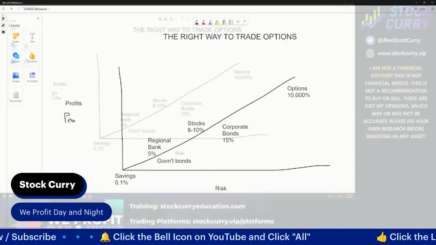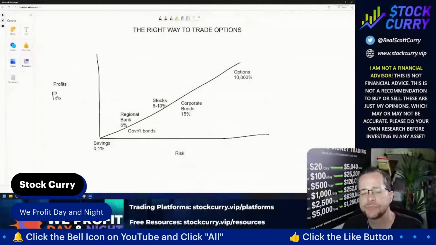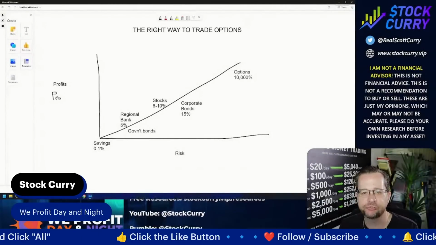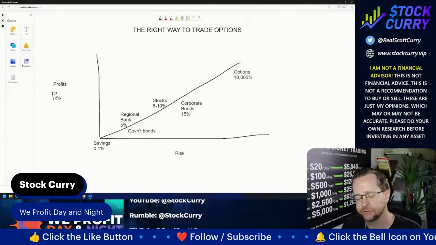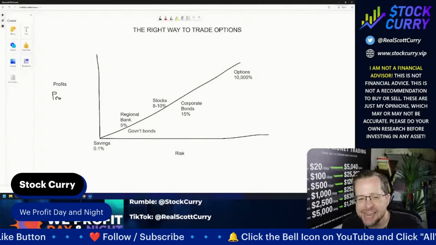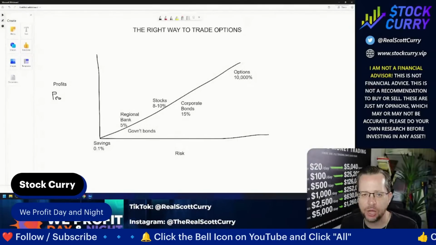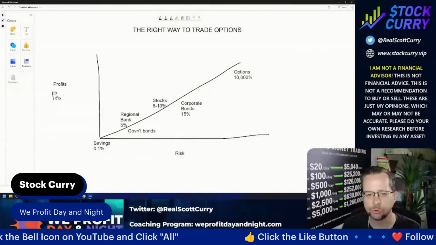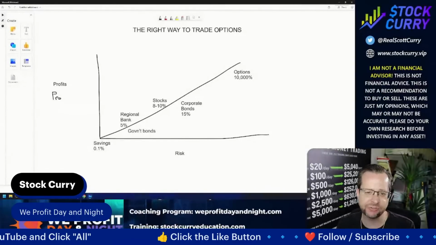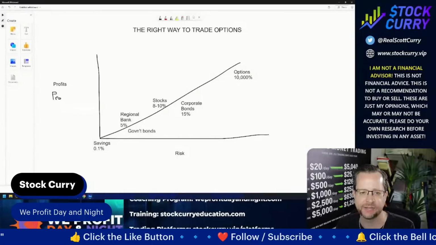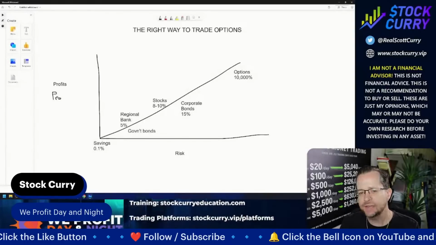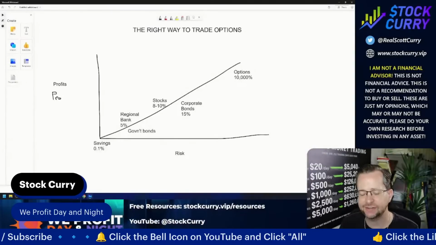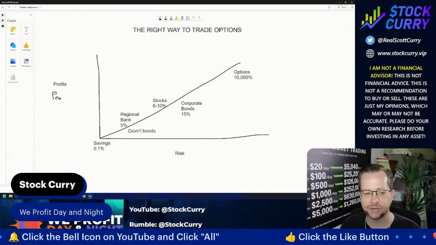And this is what I want you guys to understand. When you are trading options, specifically, if you're just buying calls or buying puts, 80% of options expire worthless. But that's just getting a little bit of your money back. What is the chance that you actually make money with an option?